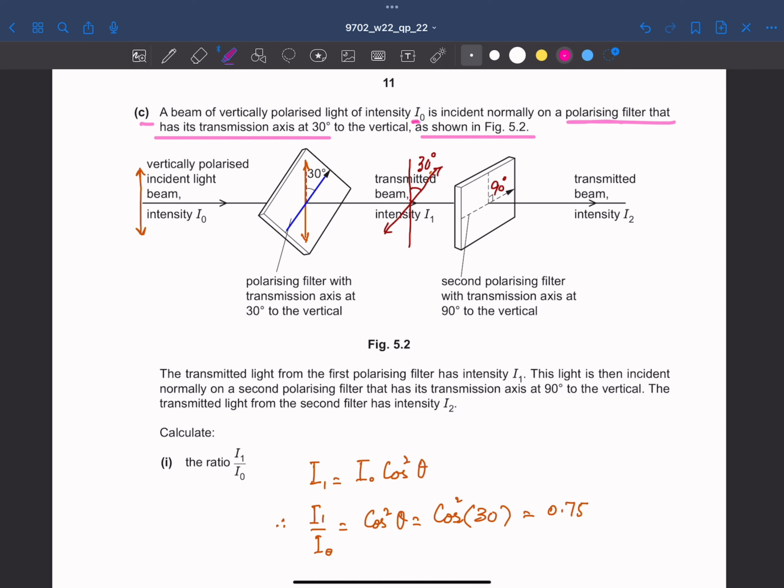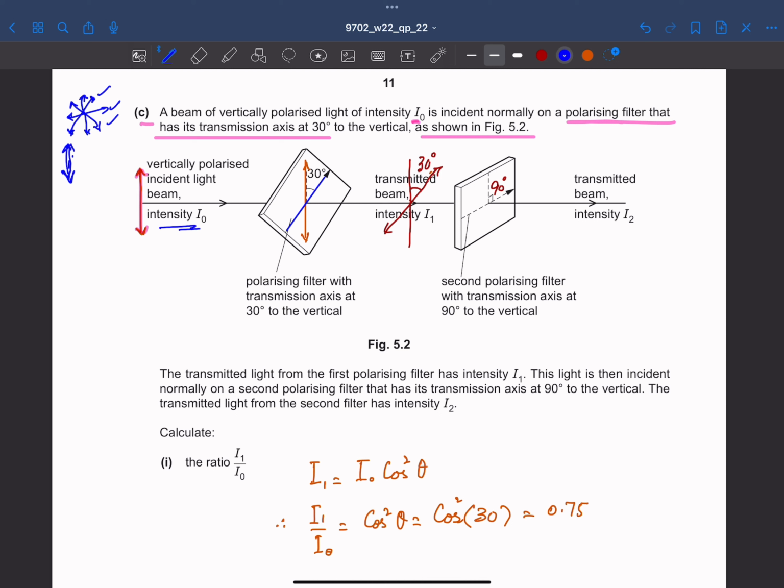So here you have vertically polarized light, and you have to recall what unpolarized light is. Unpolarized light has light in all planes. But when you have vertically polarized light, all other parts of the light are absorbed, and only the vertically polarized part of the light comes through with intensity I naught.